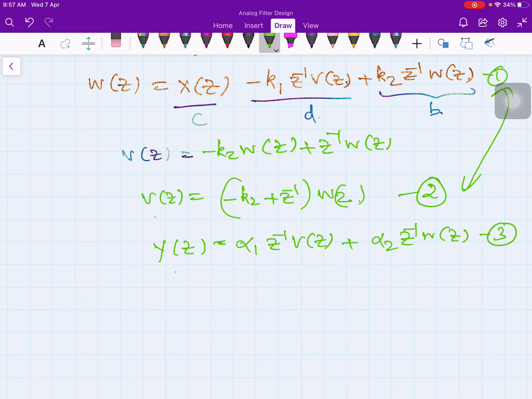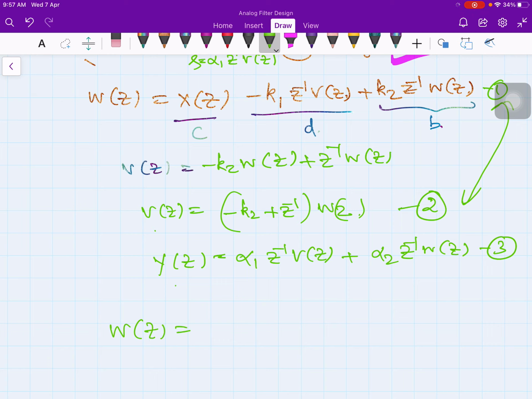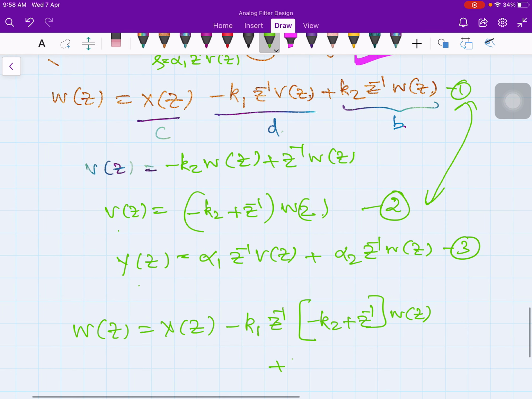Substitute equation 2 in equation 1. So w of z is equal to x of z minus k1 z inverse v of z, you write it, minus k2 plus z inverse w of z plus k2 z inverse w of z.